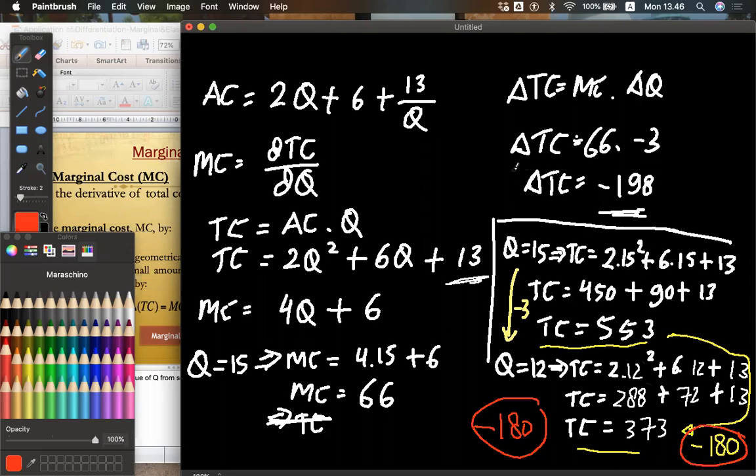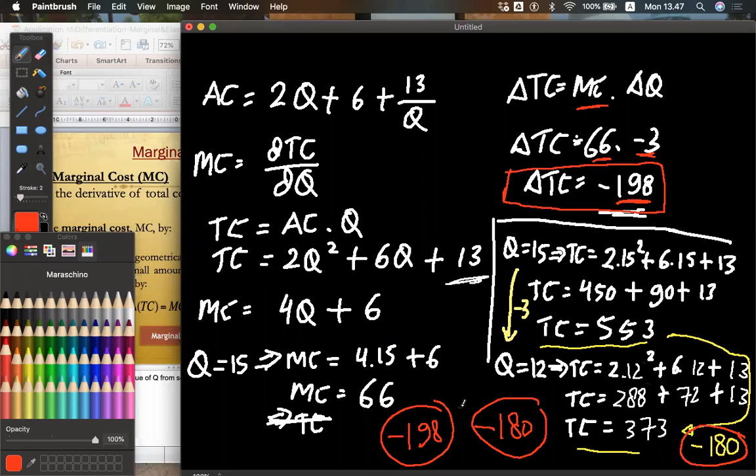This is the marginal. If we just calculate it using marginal, and because the difference is minus 3, then we will have minus 198. So this is the approximation.